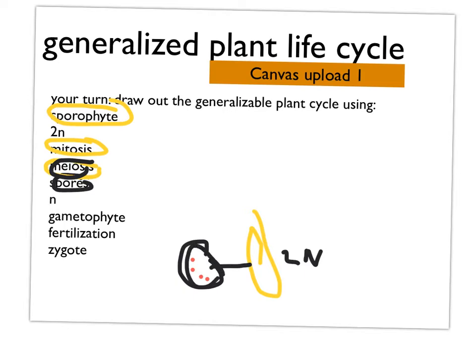And then finally, the spores are released, and then they undergo mitosis, and then finally they grow into a gametophyte with male and female parts.